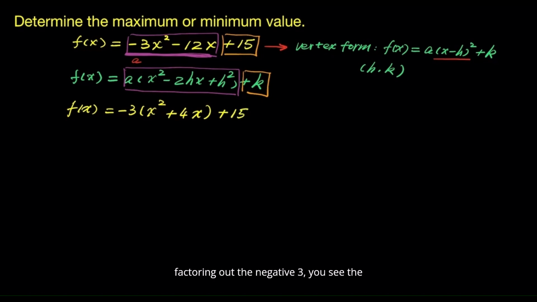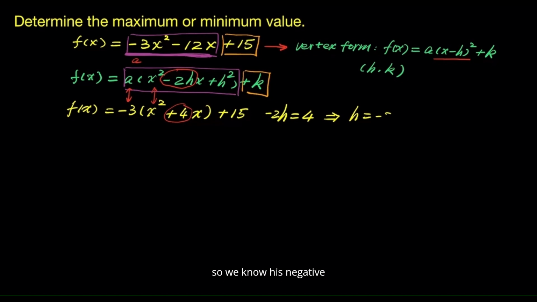By factoring out the negative 3, you see the x squared term has a coefficient of 1, which is what we need for a perfect square. And if you compare this to the expanded vertex form, we can see that a is negative 3. And if you look at the coefficient of x, negative 2h must equal 4. So we have negative 2h equals 4, so we know h is negative 2.